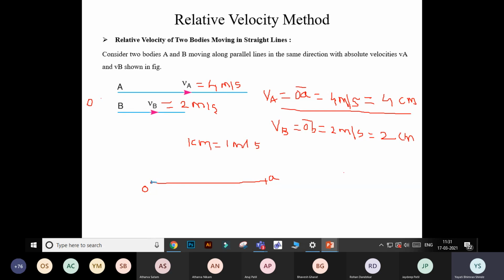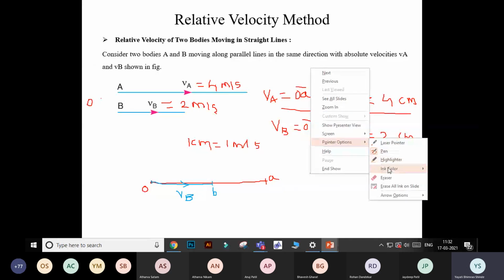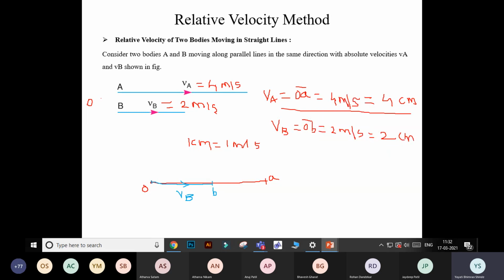Through this O, you draw another vector on the same line, whose magnitude is 2 centimeter, and this is your point B. This is the velocity B, and OA represents the velocity A. In this way you have to draw a vector diagram with scale.